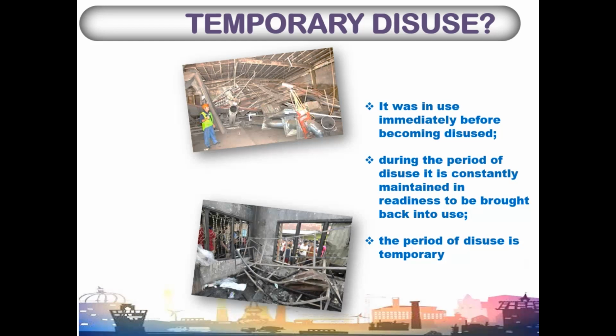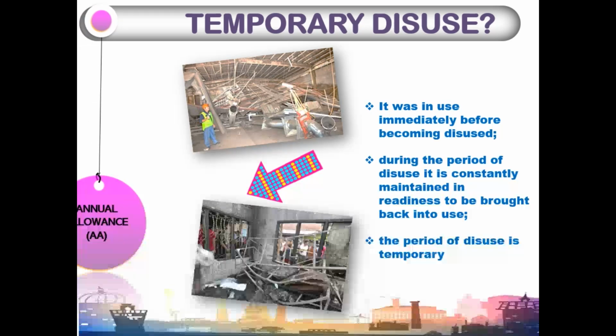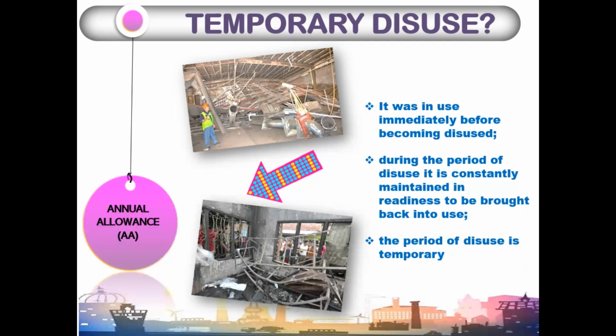It means the company repaired the factory so they can use it back in business, and the period of disuse is temporary. So if the factory is not actively used for operation but has been constantly maintained, the type of allowance is AA, annual allowance.